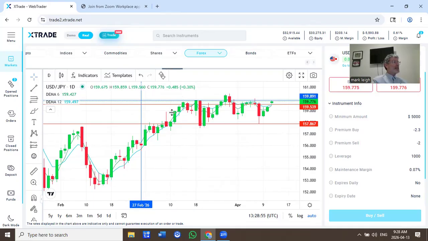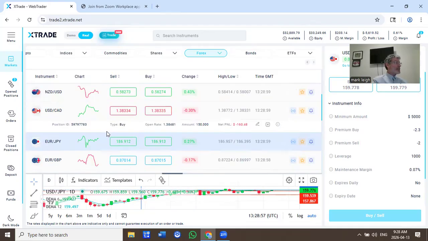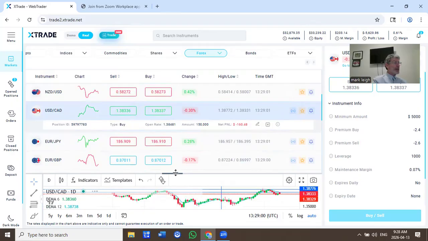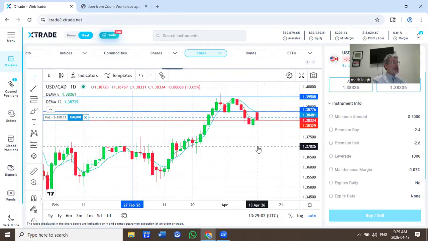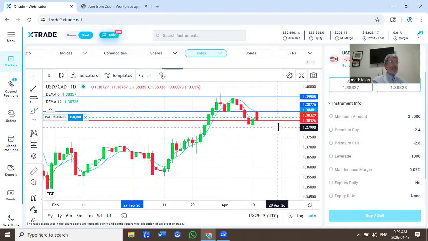Let's have a look at the US against the Canadian. Solid red candlestick that's selling US dollar, buying Canadian, same as we saw against the euro and the pound. I've got resistance at 138.77 and I've got support being tested right now at 138.32.